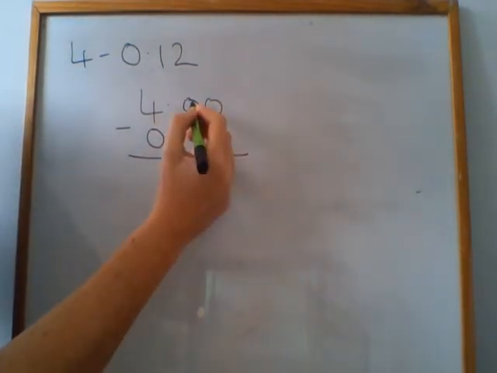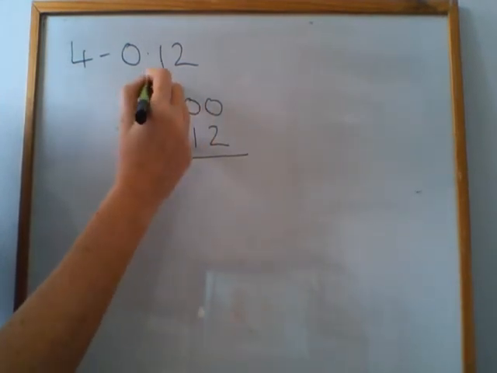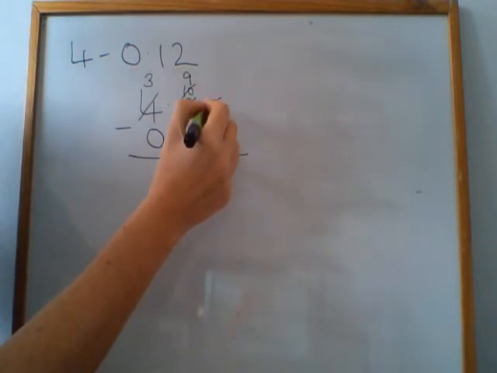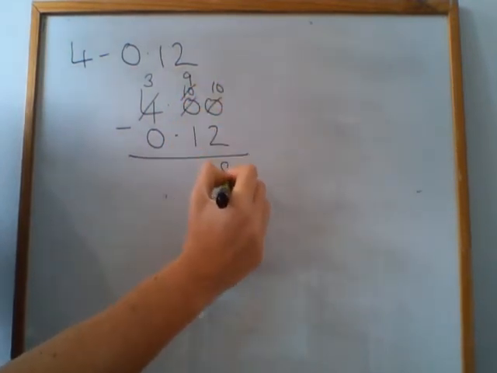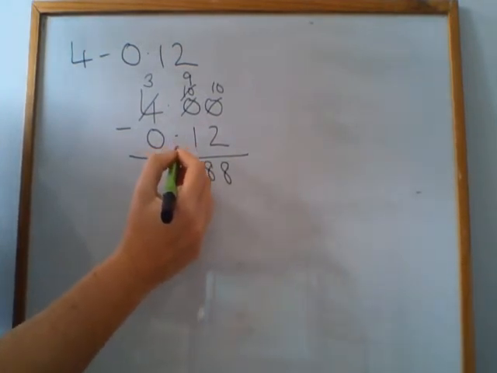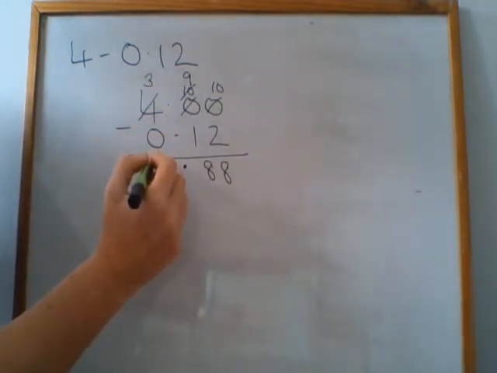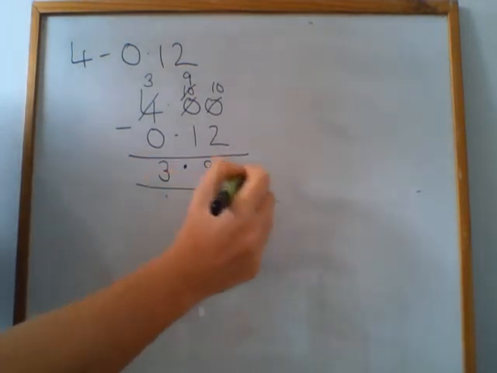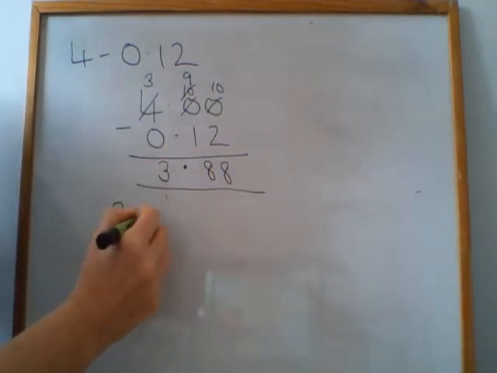0 take away 2 you can't do, you have to come over here to make that 10 and make it 9, bring over your 10 here. 10 take away 2 is 8, 9 take away 1 is 8, remember your decimal point straight underneath. 3 take away nothing is 3, so your answer would be 3.88.